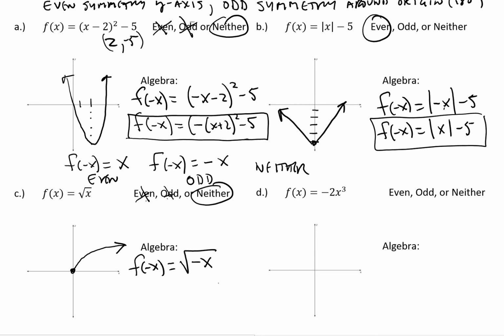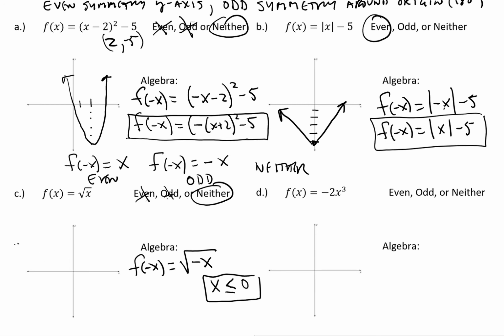This will only happen when x is less than or equal to 0, because you're going to end up getting a graph that's going to go like this. And that's obviously not symmetrical around the y-axis.